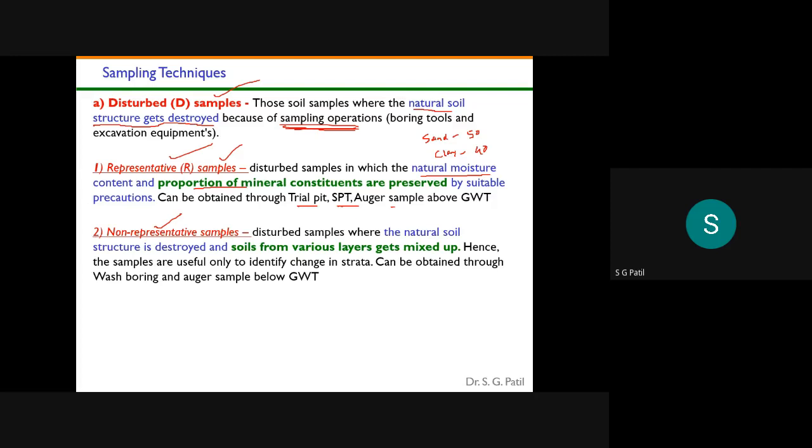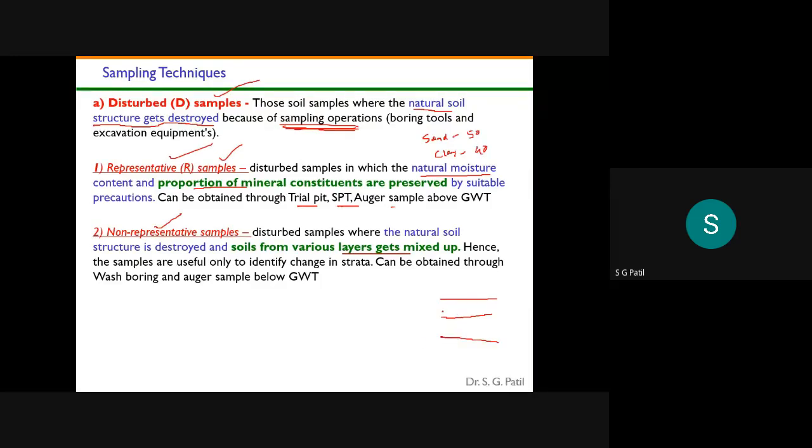Non-representative samples: you call a sample a non-representative sample if the soil from various layers gets mixed up. Suppose this is my ground, this is my layer 1, and this is my layer 2.